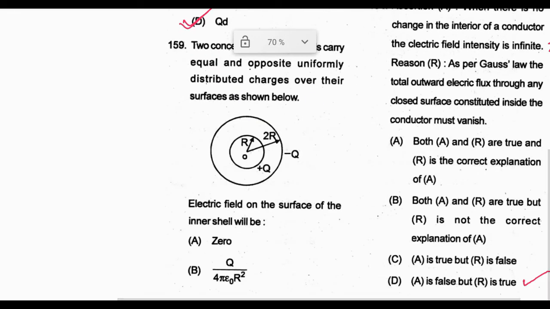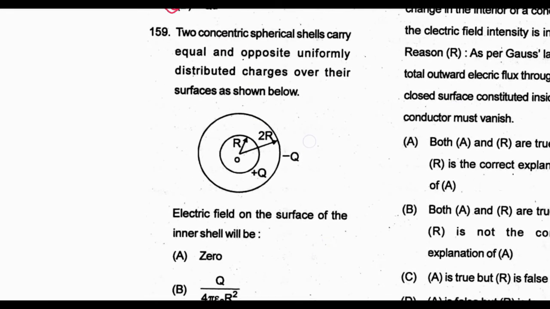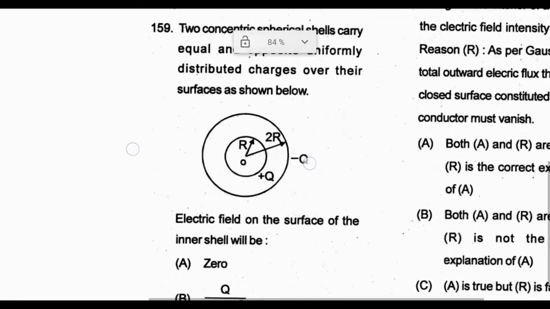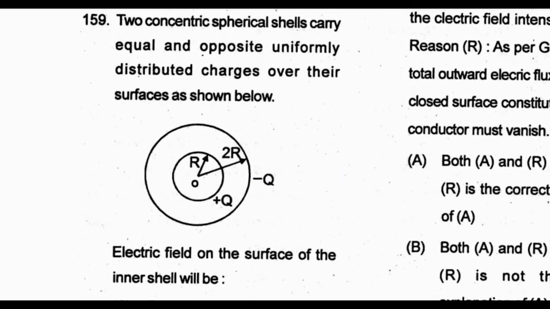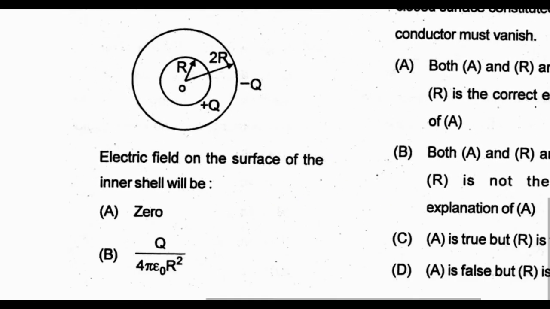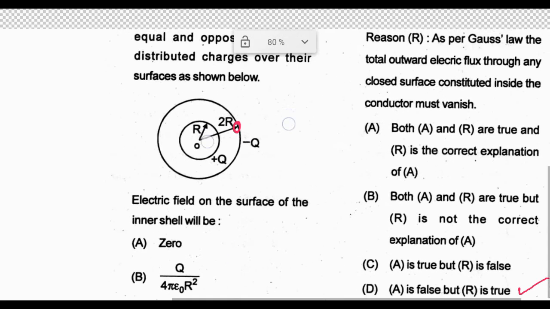Next is, two concentric spherical shells carry equal and opposite uniformly distributed charges over their surfaces as shown below. The electric field on the surface of the inner shell will be, so here we have to find out the inner shell. What is this asking?